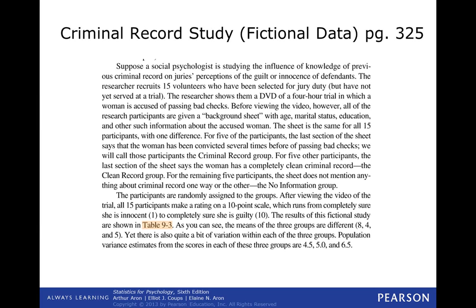After viewing the video of the trial, all 15 participants make a rating on a 10-point scale, which runs from completely sure she's innocent, that would be a 1, to completely sure she is guilty, which would be a 10. The result of this fictional study is what we're about to walk through, and you'll notice the different means.